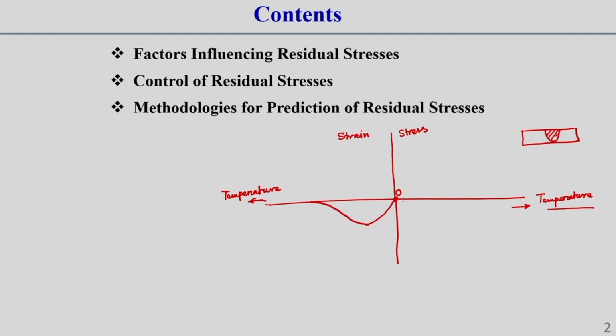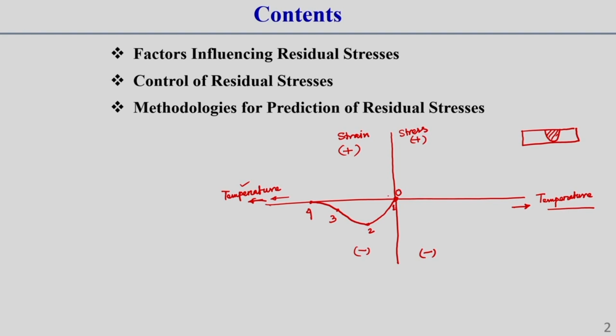Let this be point 1, this point 2, this point 3 and this point 4. This direction represents increasing temperature. This side represents negative strain and this side represents positive strain, and this side represents positive stress and this side represents negative stress. Just keep this in mind.